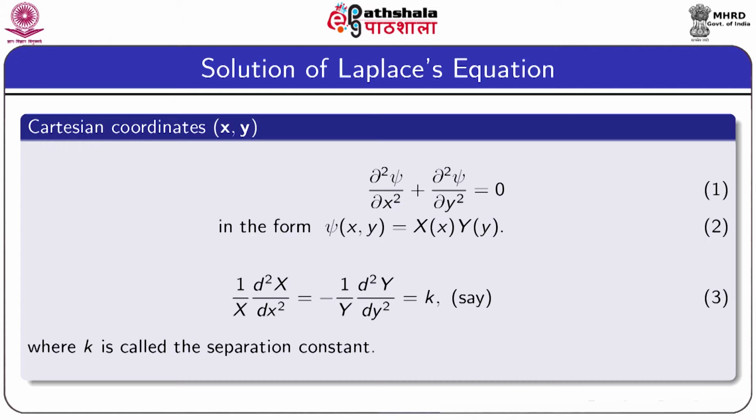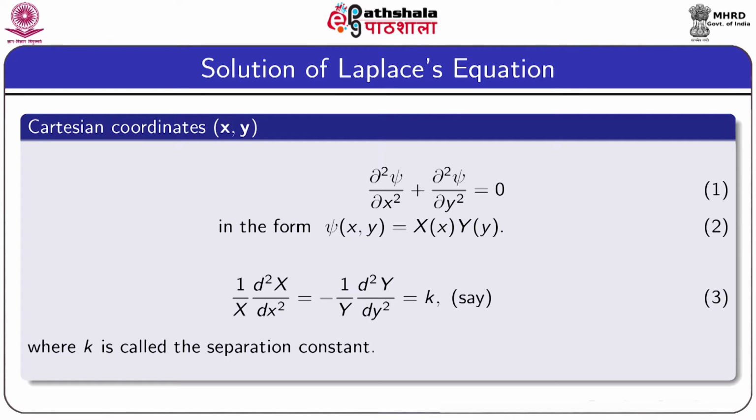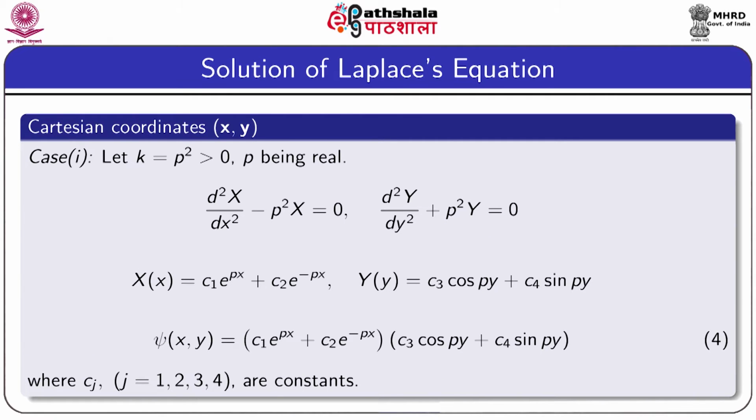Now, if we equate (1/X) d²X/dx² equal to k, we get the equation d²X/dx² minus kX equals 0, and equating minus (1/Y) d²Y/dy² equal to k, we get another equation d²Y/dy² plus kY equals 0.